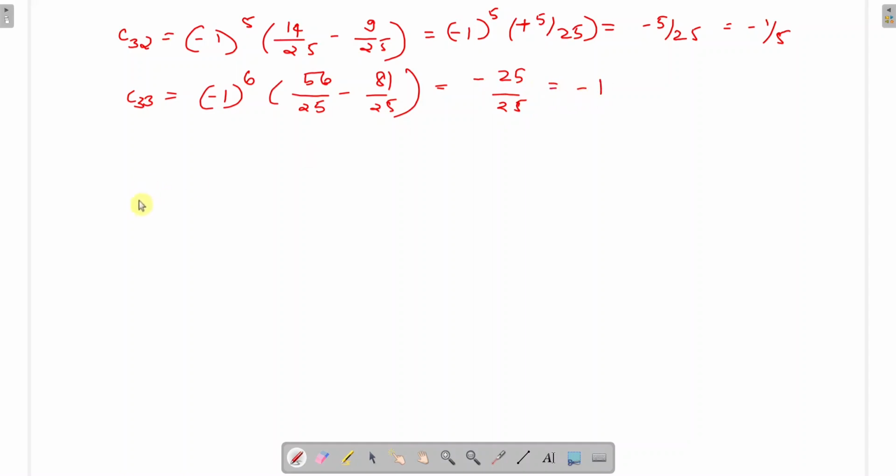Okay. So now what we can do is write adjoint of A inverse.